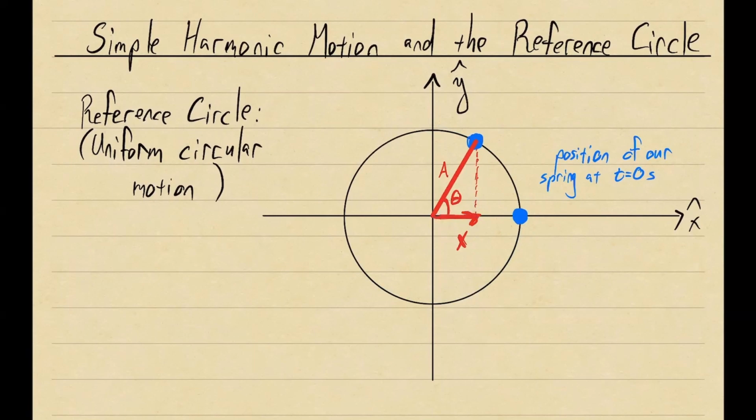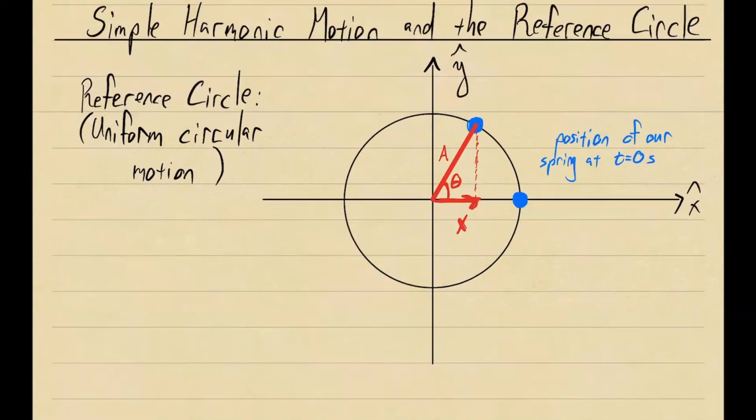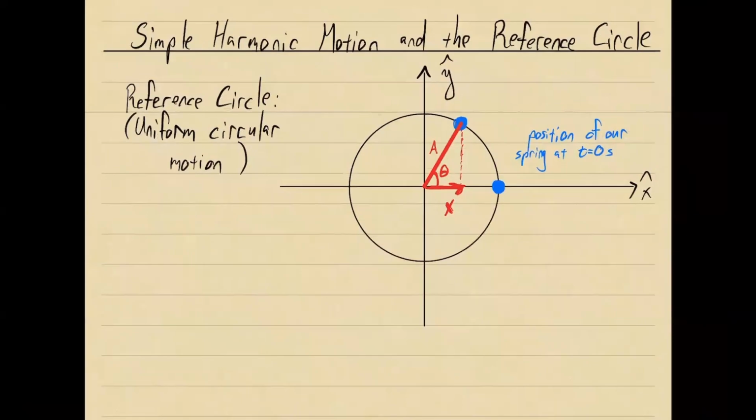So as it goes around the circle, it's going to oscillate back and forth. Hopefully that's clear. So we can look at the displacement as a function of time, its position for any given time.